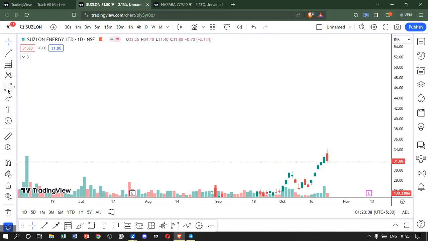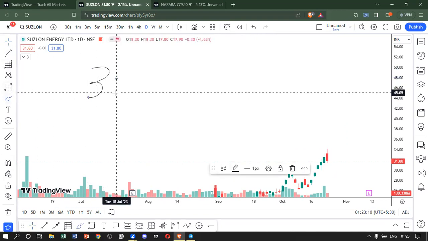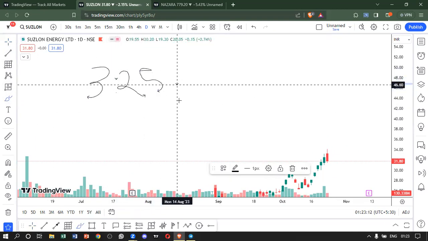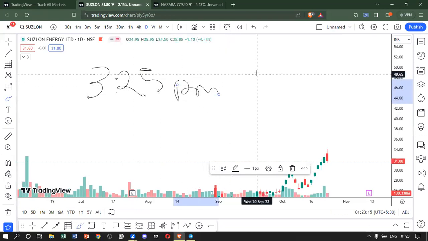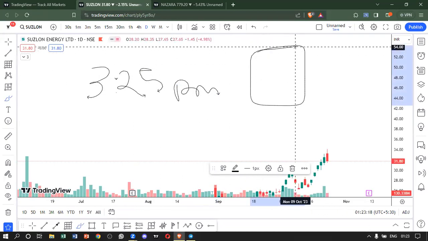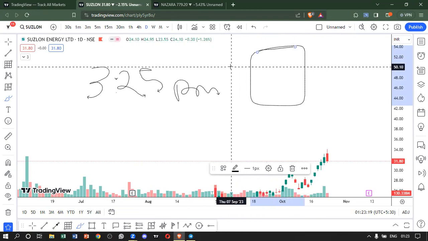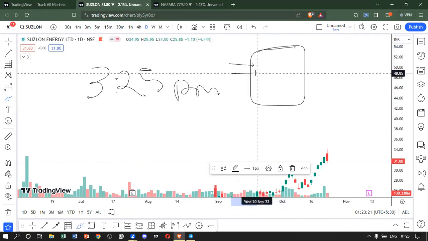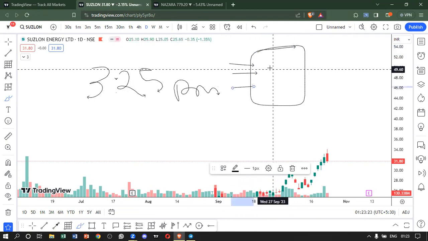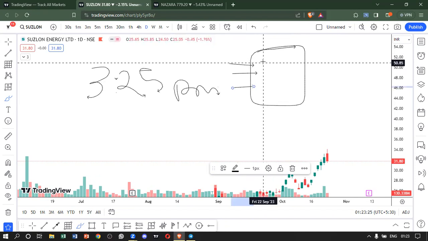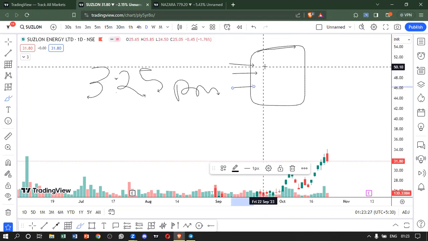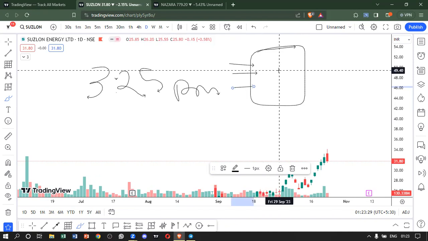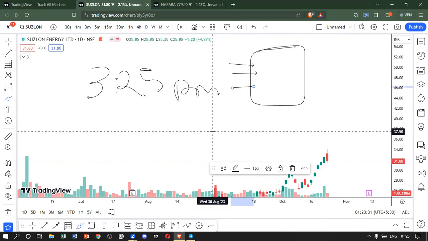At about 3:25 p.m., 5 minutes before the markets close, we make a watch list of stocks, and we observe how the stocks are closing. If some of the stocks are closing near the day high and have gained good momentum, those stocks can be held for a BTST trade.